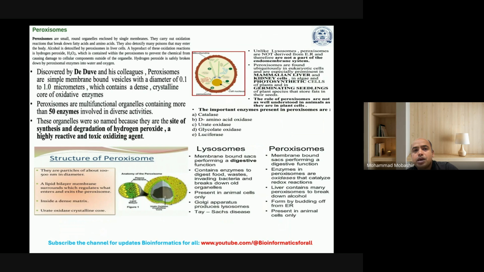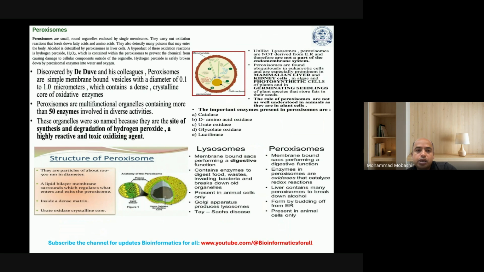So peroxisomes are multifunctional, and their size is normally 0.1 to 1.0 micrometers, containing a dense crystalline core of oxidative enzymes, with more than 50 enzymes involved in diverse activities. These organelles were so named because they are the site of synthesis and degradation of hydrogen peroxide, a highly reactive and toxic oxidizing agent.